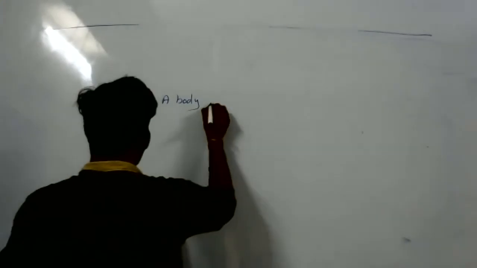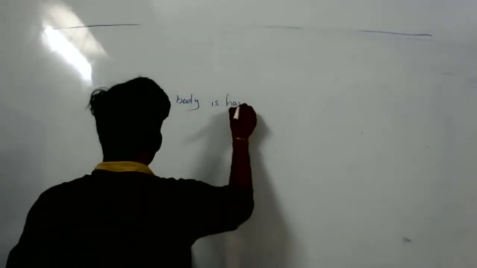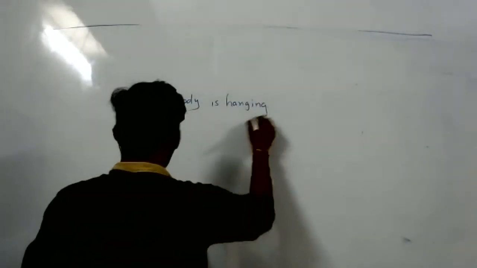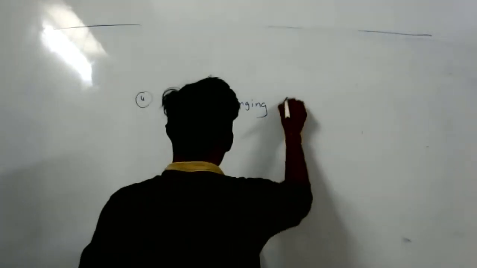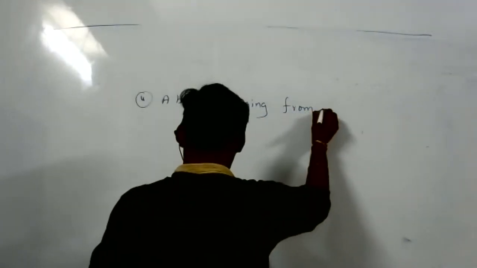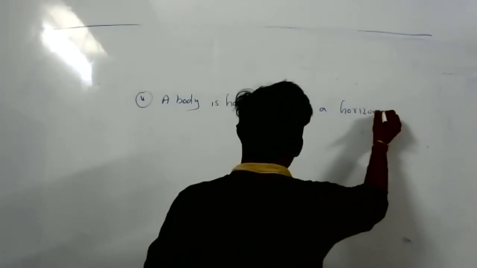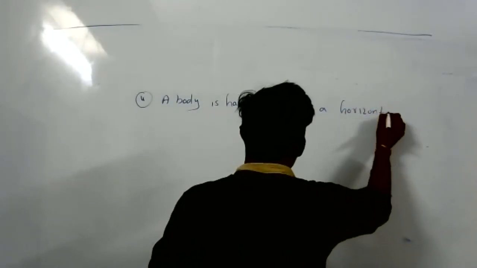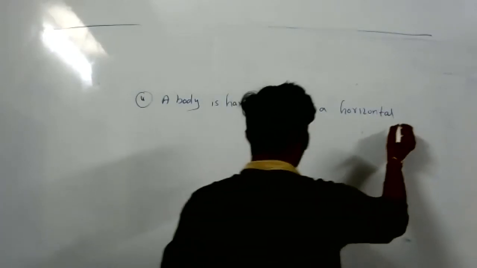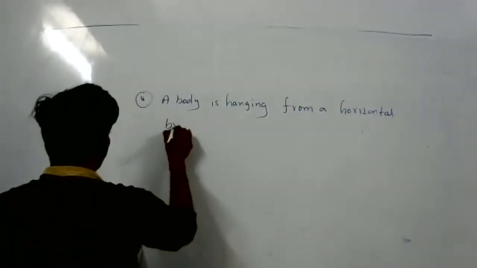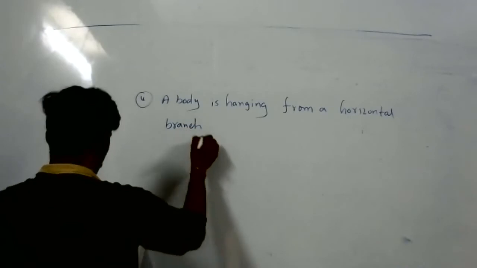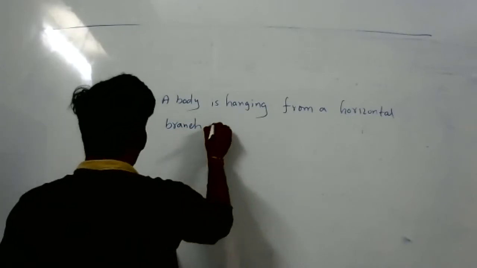A body is hanging from a horizontal branch of a tree.